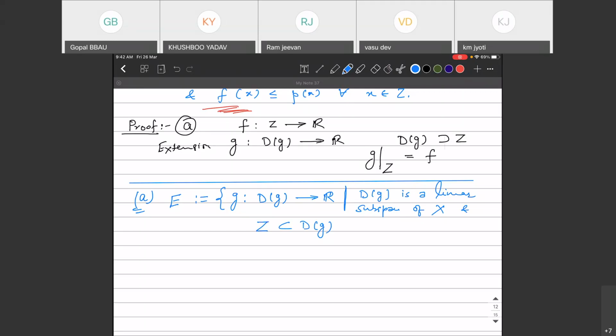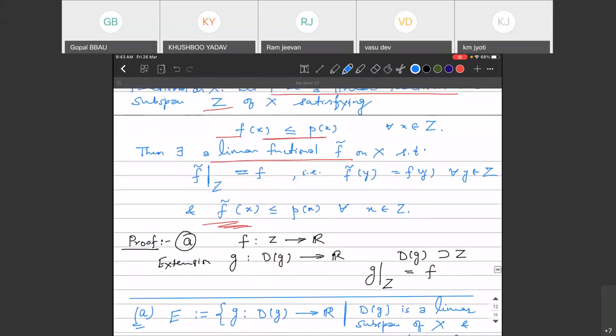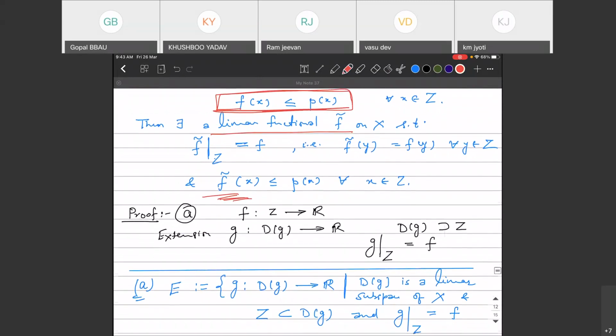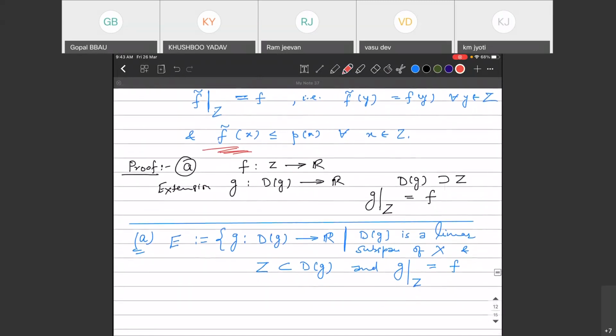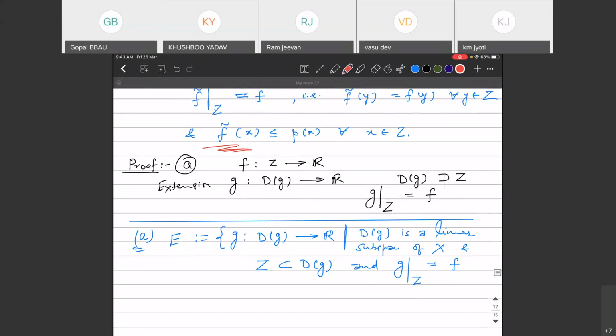And what is the condition on G? I said G is extension of F. This means G, when we restrict on Z, we get F. And there is one more relation, so what is that relation? We have to take care of the subordination also.